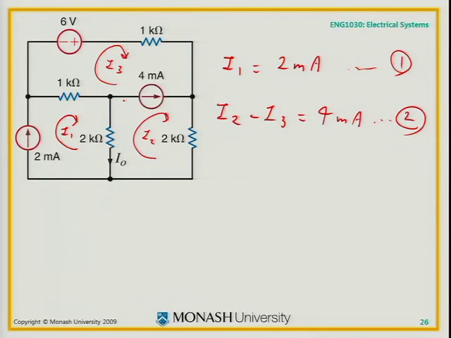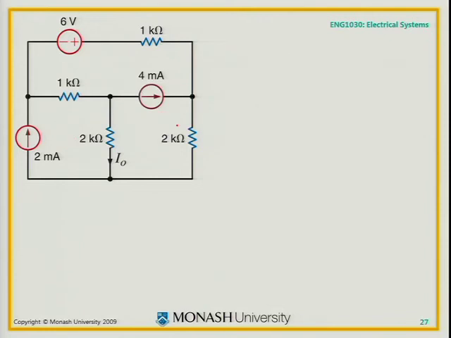But we've already dealt with this one, you can't do a KVL around any one of them in isolation. So just like when we had a node that included two other nodes, we now need to make a mesh or a loop that includes two meshes. We want to avoid the current source. If this was I1, this was I2, and this was I3, how can we avoid it?